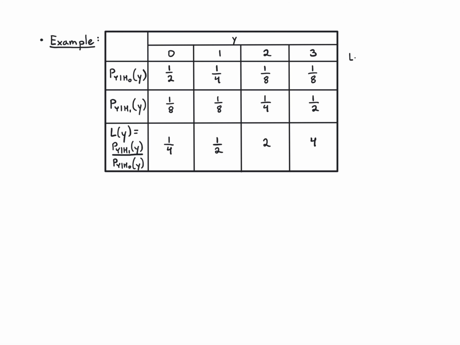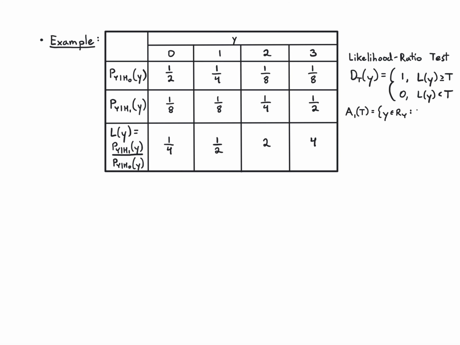What is my likelihood ratio test going to be? As always, it's pretty simple. I'm just going to take the likelihood ratio and compare it to this threshold t. If it's greater than or equal to t, I say 1. If it's less than t, I say 0. My decision region A1 is the set of y's that fall into the part where I decide 1.